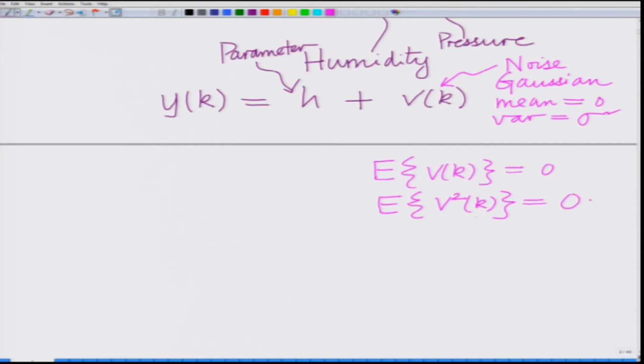If it is complex, then we have to write the expected value of the magnitude of v_k squared, which is sigma square.